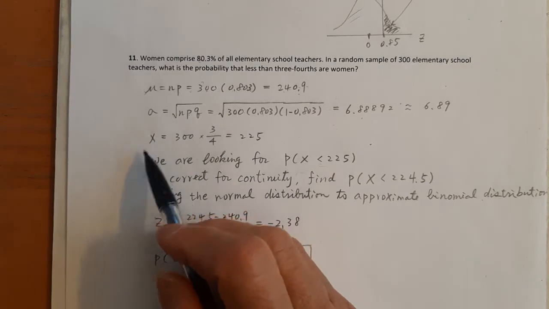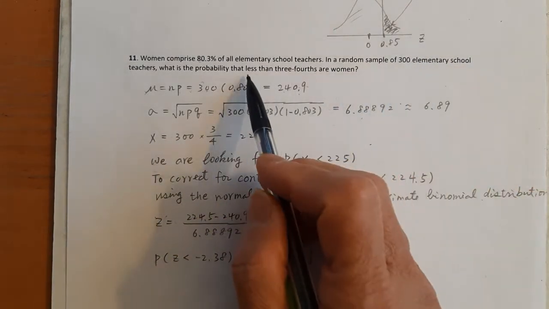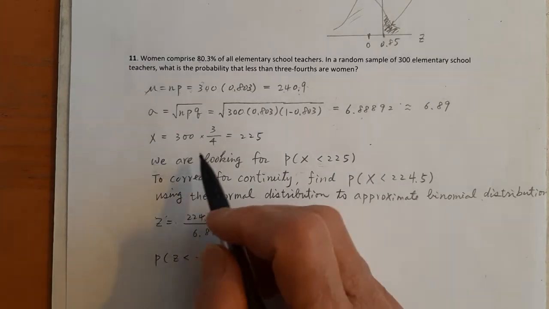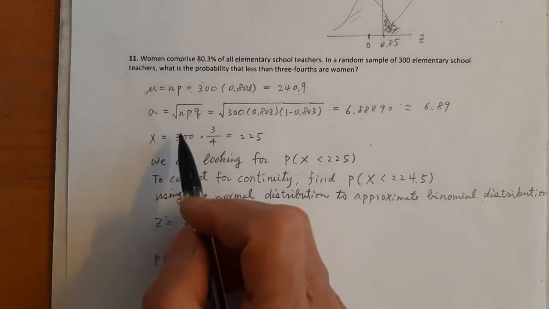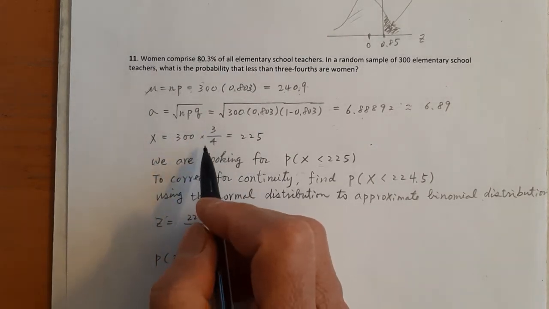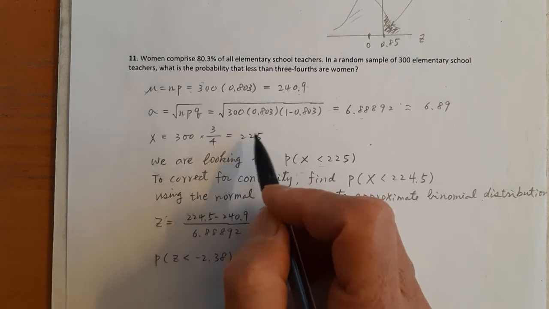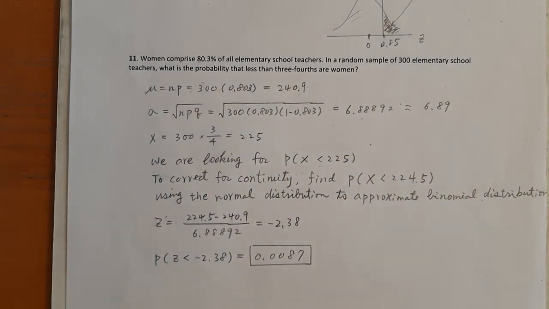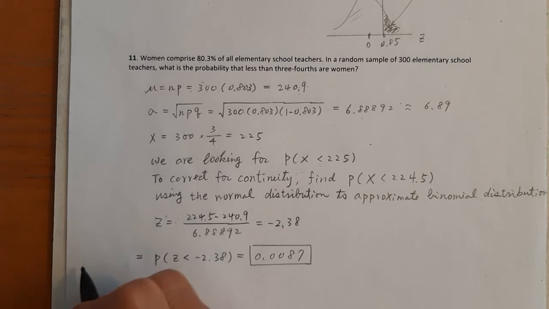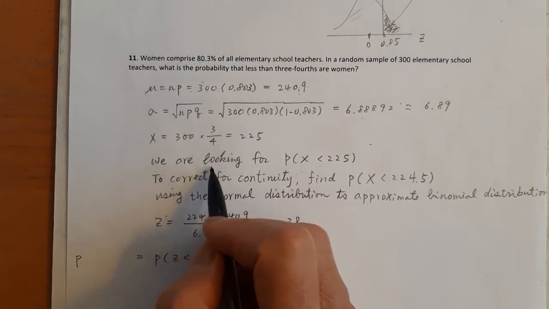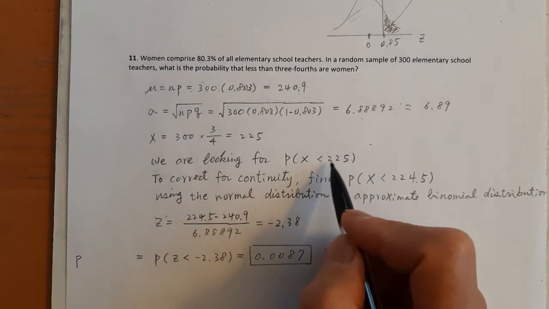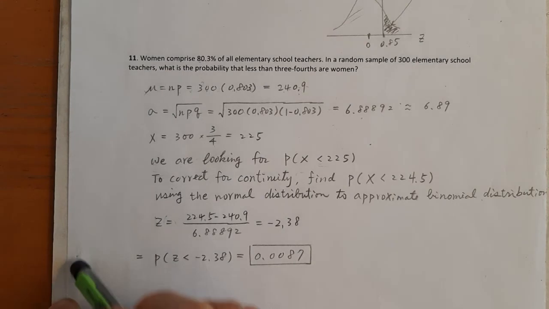Then X, and here we're looking for less than 3/4 are women. So total is 300 times 3/4, which is 225 women. We're looking for the probability of less than 225 women, not including 225. So we are looking for the probability of X less than 225.